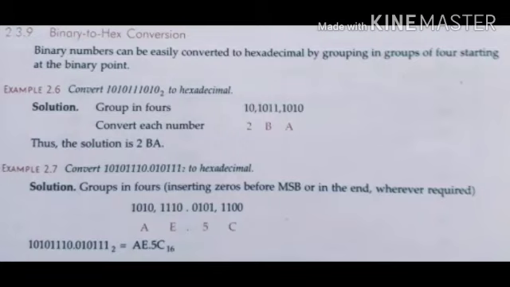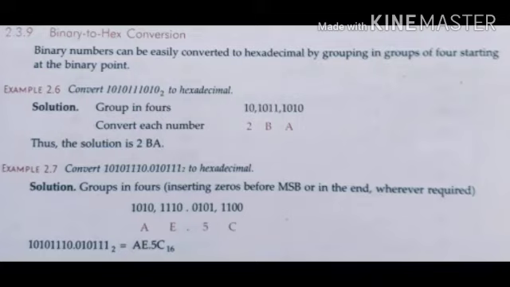For converting a binary number into a hexadecimal number, the binary digits are grouped into 4 bits. Each group will have 4 bits, and we start from the rightmost bit. If we look at the example 1010111010, from the right-hand side, if we prepare groups of 4 bits, we get 10, 1011, 1010.